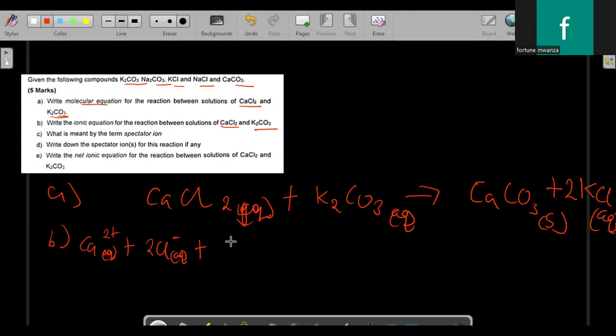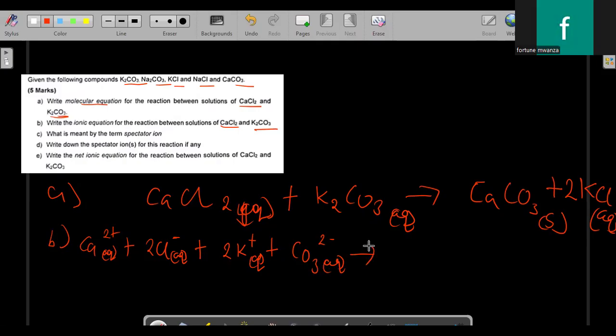I dissociate my potassium ion, which is plus in aqueous solution, plus my carbonate ion, CO3 2 minus, also in aqueous solution.